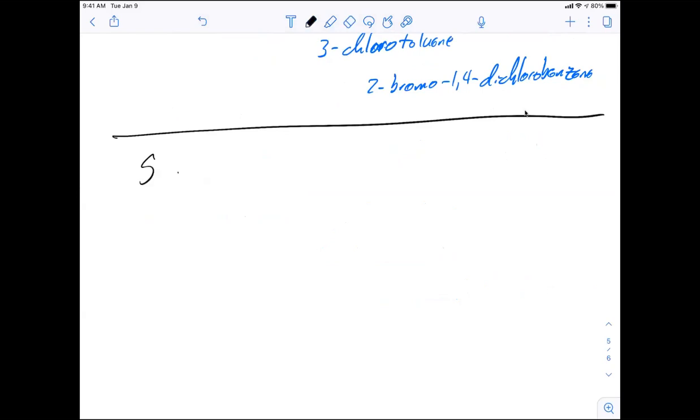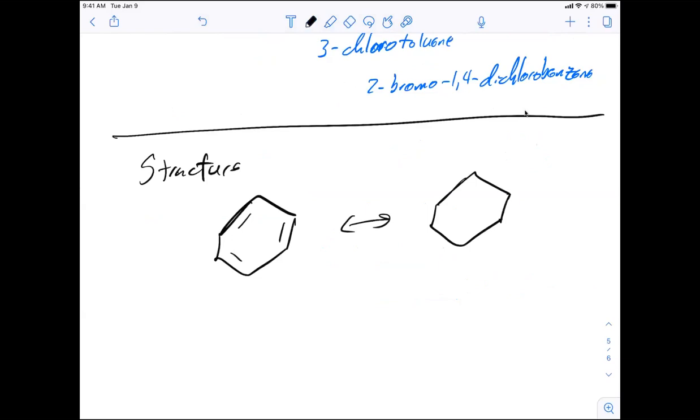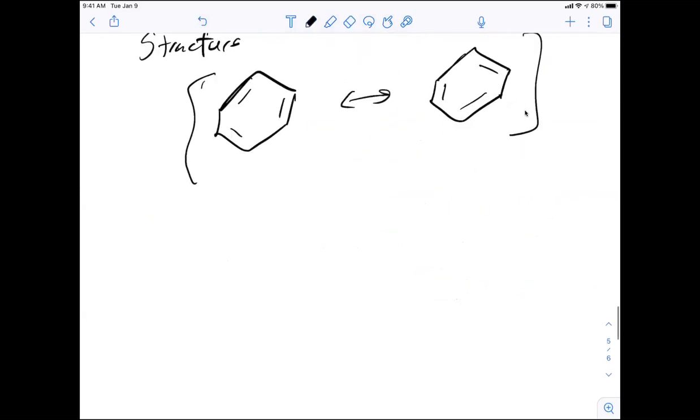When we look at the structure, right, we can show it two different ways. And we know that what's happening is that this is going to be a continuous pi system.